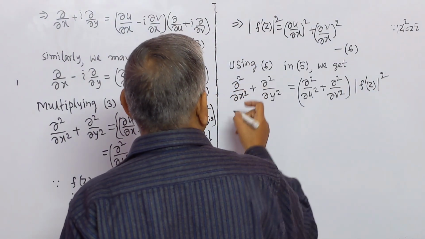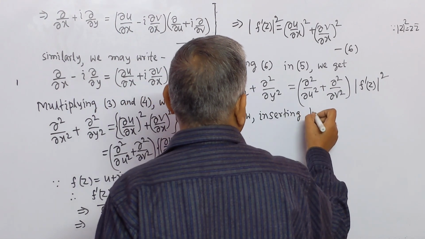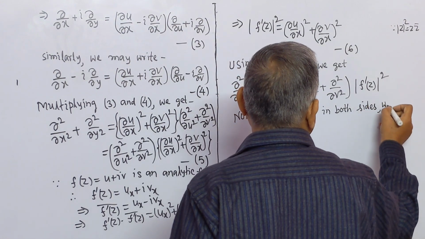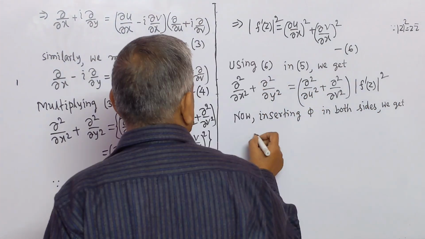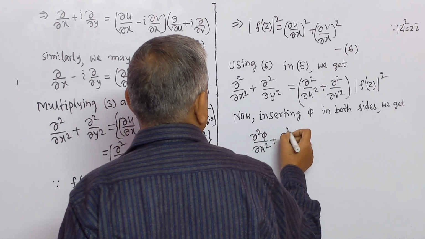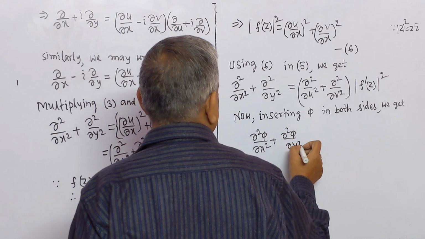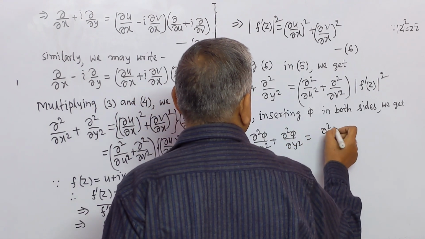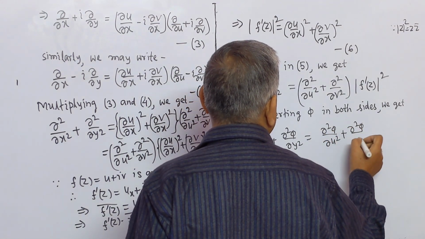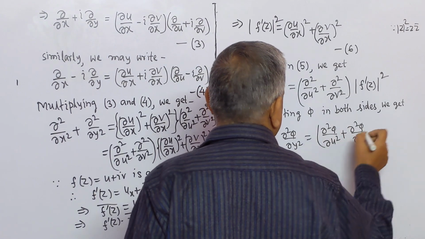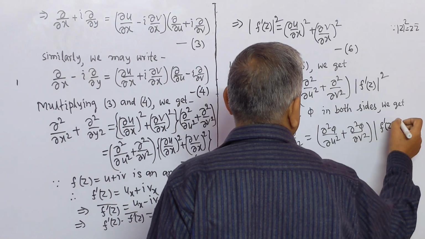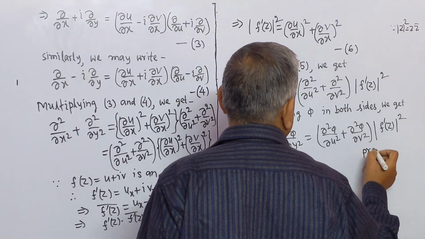Now inserting phi in both sides, we get del 2 phi by del x square plus del 2 phi by del y square equal to del 2 phi by del u square plus del 2 phi by del v square multiply modulus of derivative of f(z) whole square. Proved.